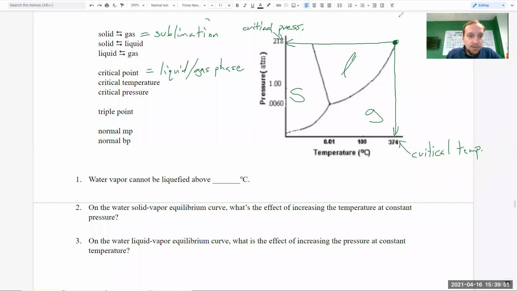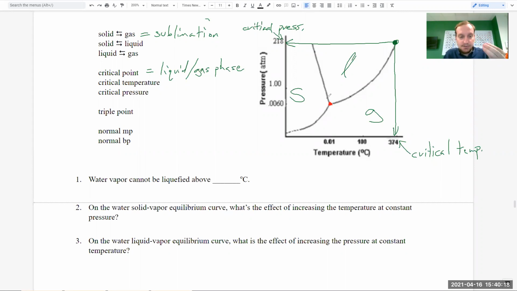All right, so the next thing we have here is what's called the triple point. Now, the triple point, I'm going to go ahead and change my colors, is this junction right there. That makes sense because you have three lines going into the exact same point. What that represents is when solid, liquid, and gas are all coexisting at the same time.